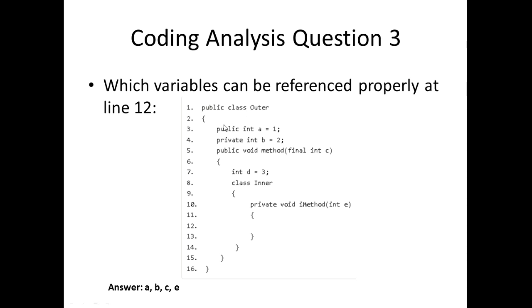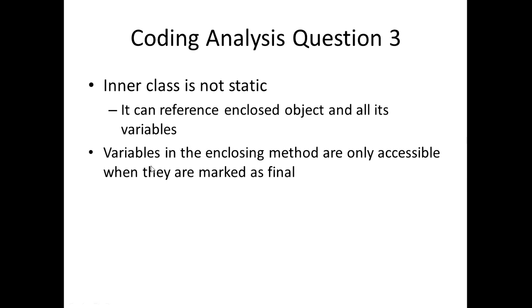So inside of this outer, we can reference public int a equals 1, private int b equals 2, as well as final int c. Now, the reason it can reference this final int c is simply because this c is final, okay? And if we look at this second bullet point, variables in the enclosed method are only accessible when they are marked as final.